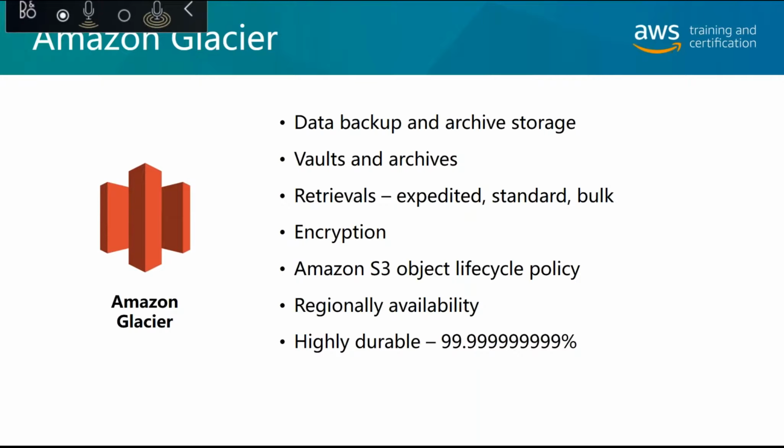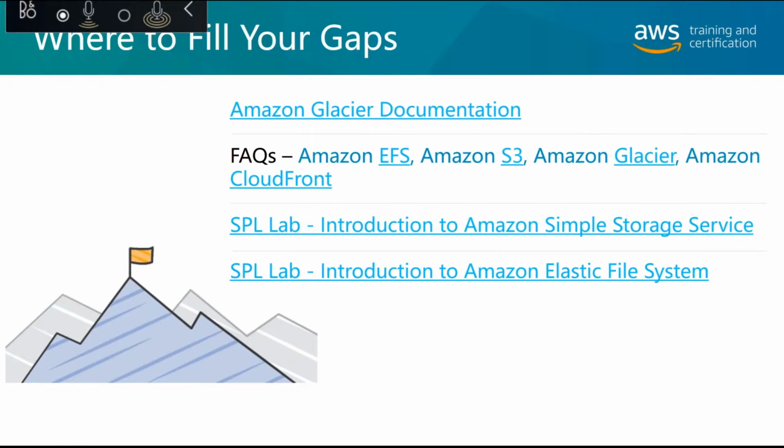Now, S3 and Glacier, they sit in the region. So with S3, the name is unique across all of AWS, but the bucket itself and the objects within the bucket sit in the regions. And then Glacier also sits in the region, with 11 9s durability.